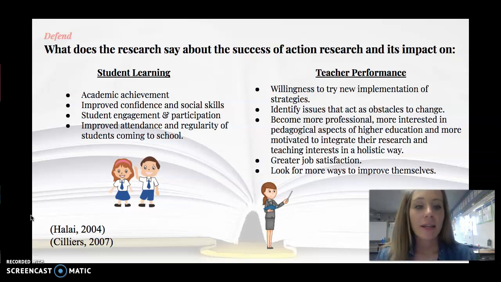They can identify issues and obstacles to change. They can become more professional, more interested in aspects of higher education and more motivated to try their research. They take more ownership for their research, so they want to keep trying to do better. They have greater job satisfaction, and they look for more ways to improve themselves personally.